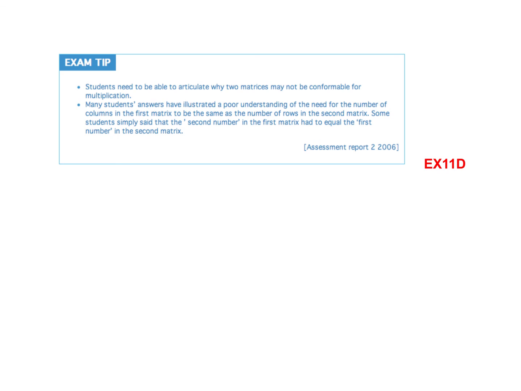Just last thing, let's read through some examiner's tips on this. Students need to be able to articulate why two matrices may not be conformable for a multiplication. So that is that blurb.